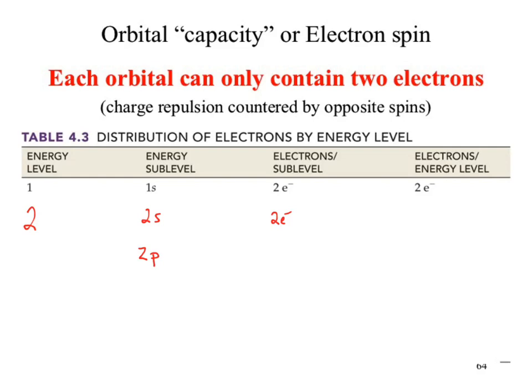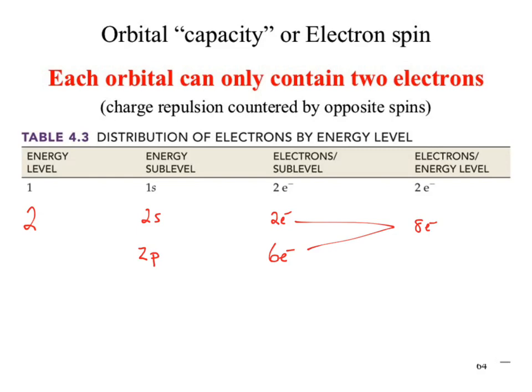How many 2p orbitals are there? 3. How many electrons fit into the 2p orbitals? 6. For those of you being like, that was really nuanced in words, yes, read your questions carefully. How many electrons fit into the second energy level? 8 electrons.